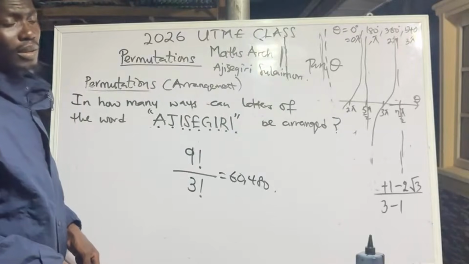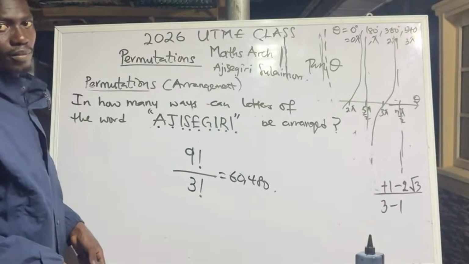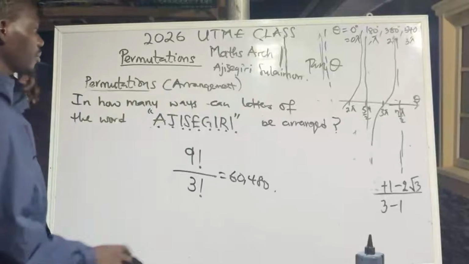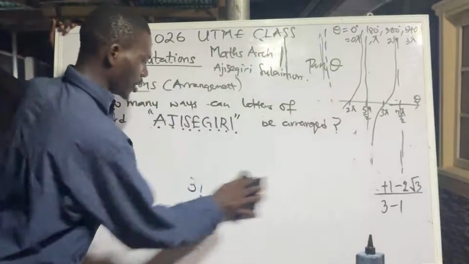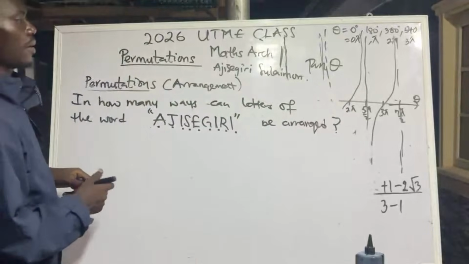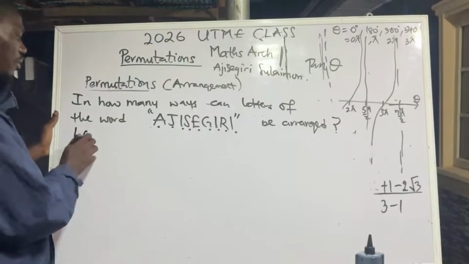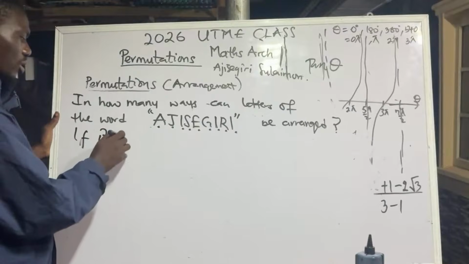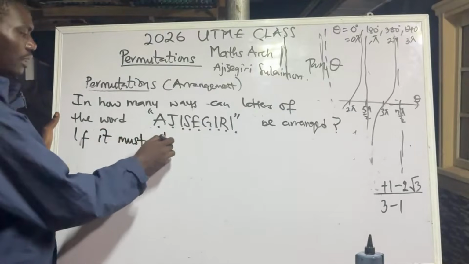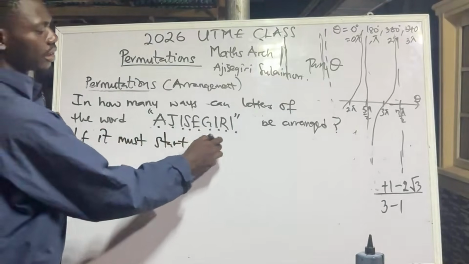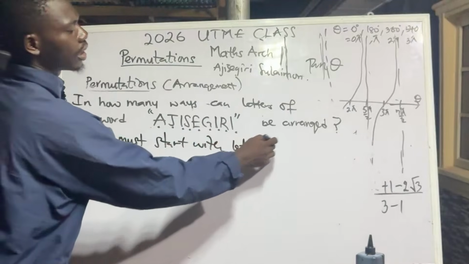Okay, we want a letter to start. So still this question here: in how many ways can the letters of the word Ajishegiri be arranged if it must start with letter A?